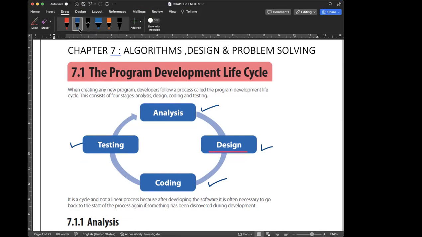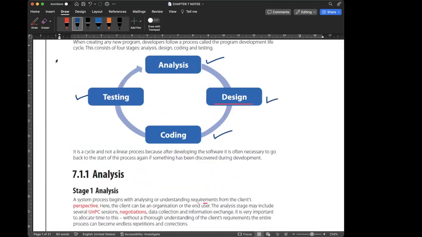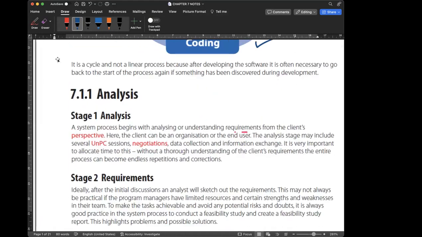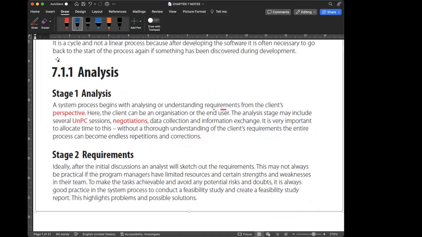Starting with the first phase of our program, it is called analysis. What do you think? What is analysis? Let me tell you. While we are going to develop any software or program, we need to collect some information.